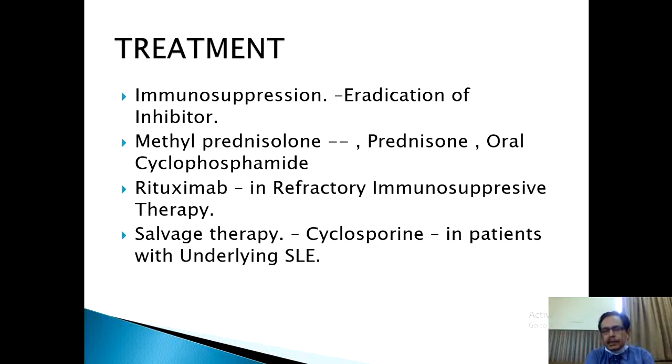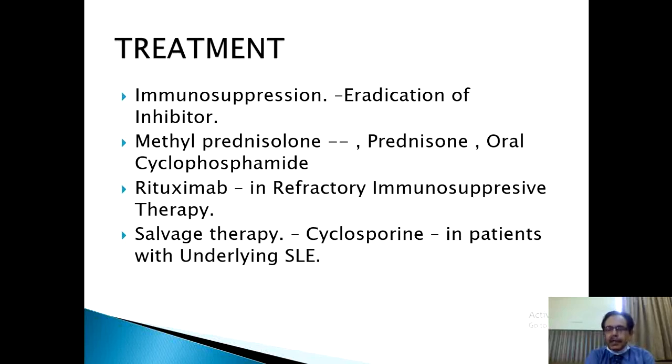So remember that SLE should always be kept in mind when the patient presents with bleeding and you have reached the conclusion that the patient is suffering neither from hemophilia A nor from hemophilia B, but rather from acquired hemophilia. Then you have to test for SLE also, first the ANA and then the anti-double-stranded DNA.